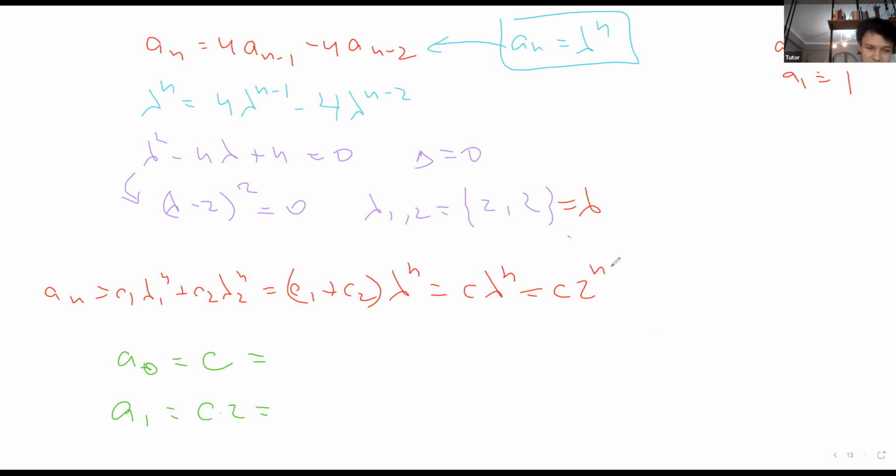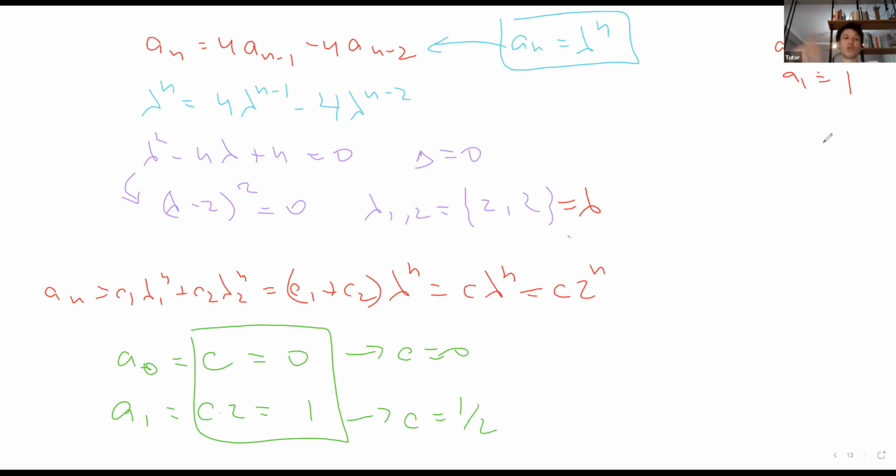So I see that a_0 is 0, but a_1 is 2c, which is equal to 1. You see that this is a problem? Because from one condition, c has to be equal to 0, but from the other, c needs to be equal to 1/2.